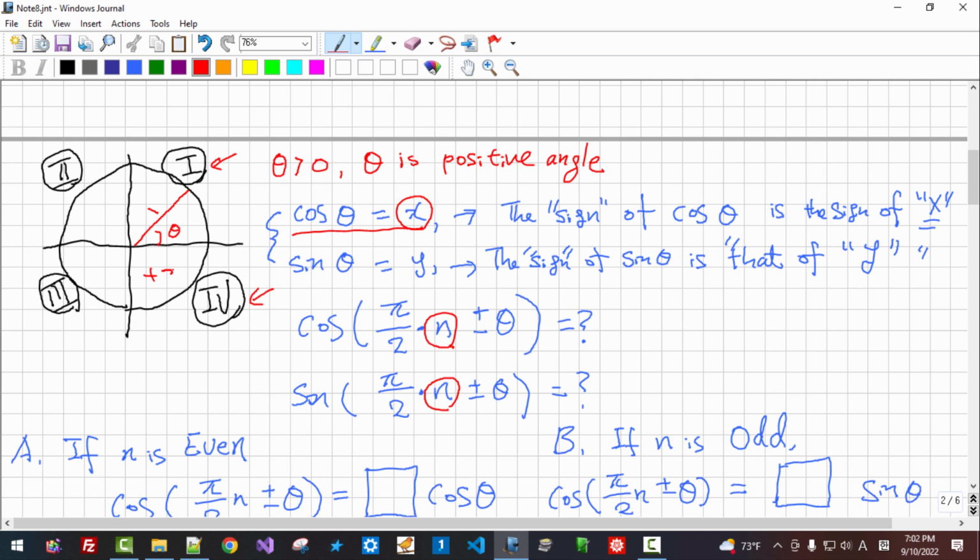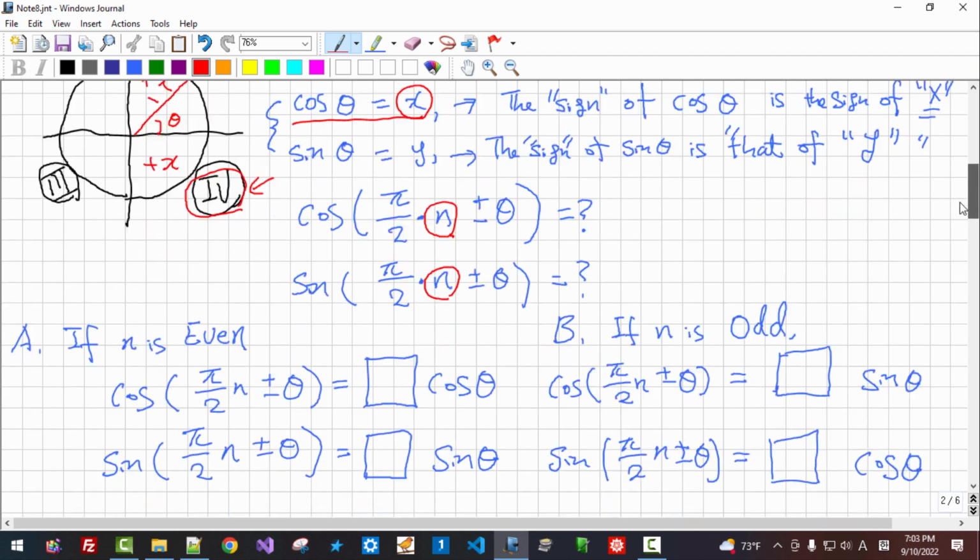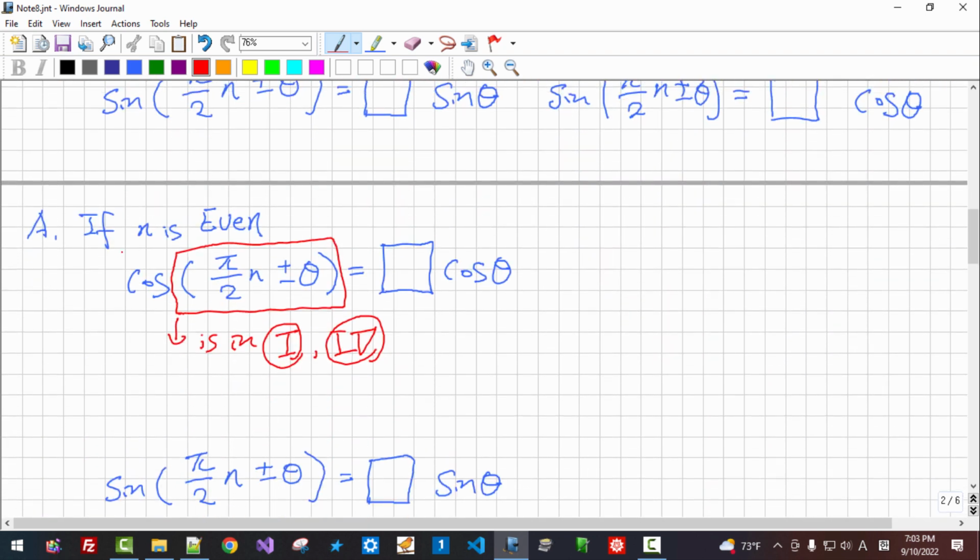X is positive in the first quadrant or fourth quadrant. So, if n is even and this angle is in the first or fourth quadrant, this is positive.